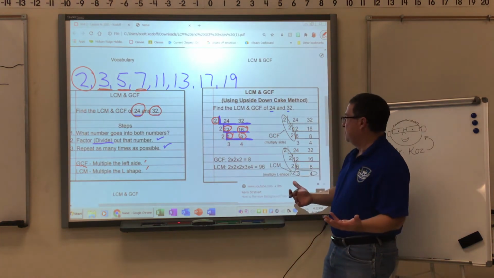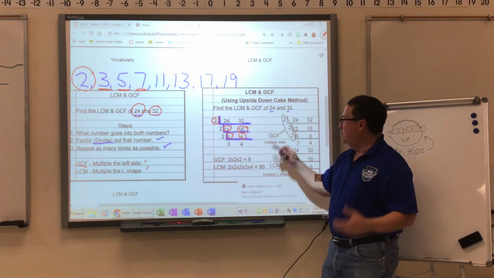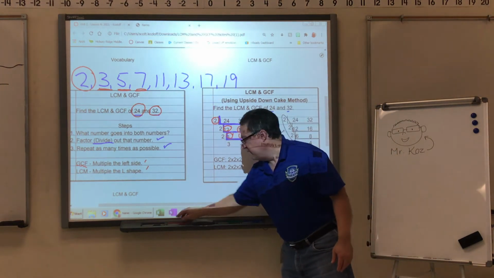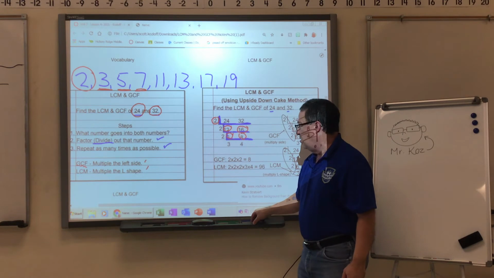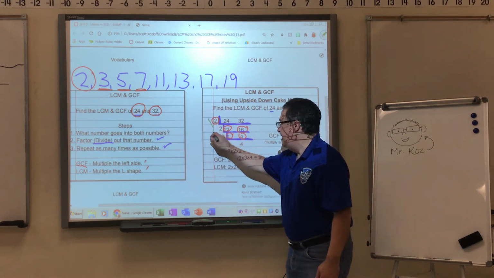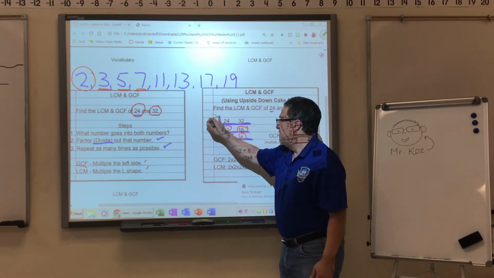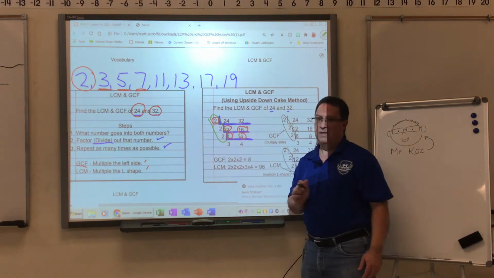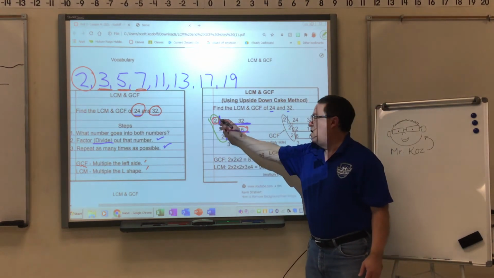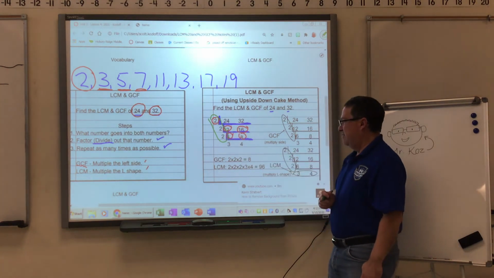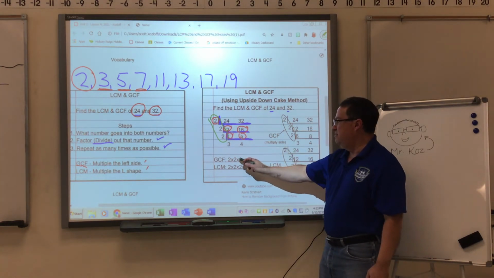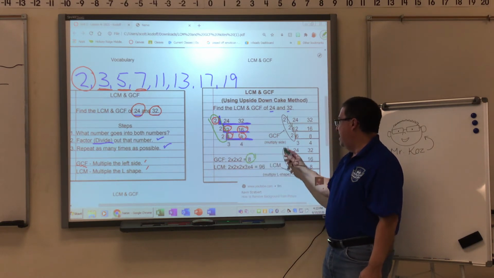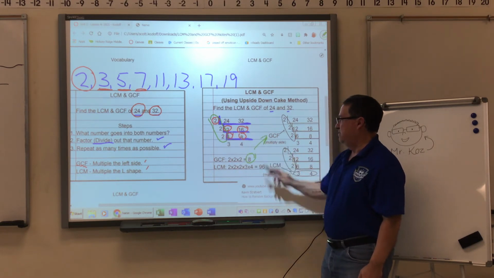Okay? How do I find the GCF or the greatest common factor? I take all of the factors that I have taken out, and I circle those, basically everything on the left side, and I multiply those numbers together. So 2 times 2 times 2 is 8. 8 is my greatest common factor.